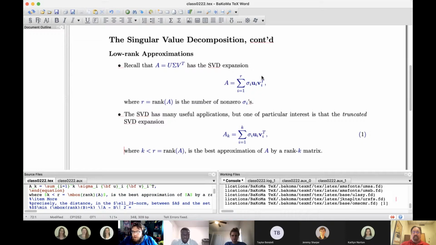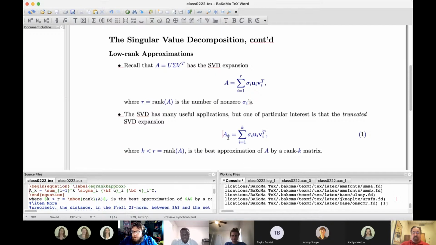So I'm tossing out certain terms that correspond to the smallest singular values. So this right here is referred to as the best approximation of A by a matrix of rank k. The number of terms in this sum is the rank of whatever matrix you have here. So A is approximated by this matrix of rank k.